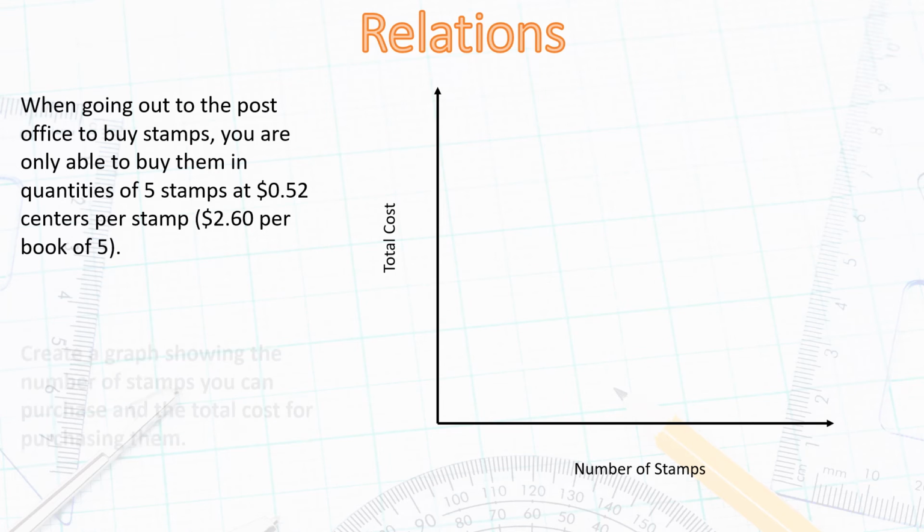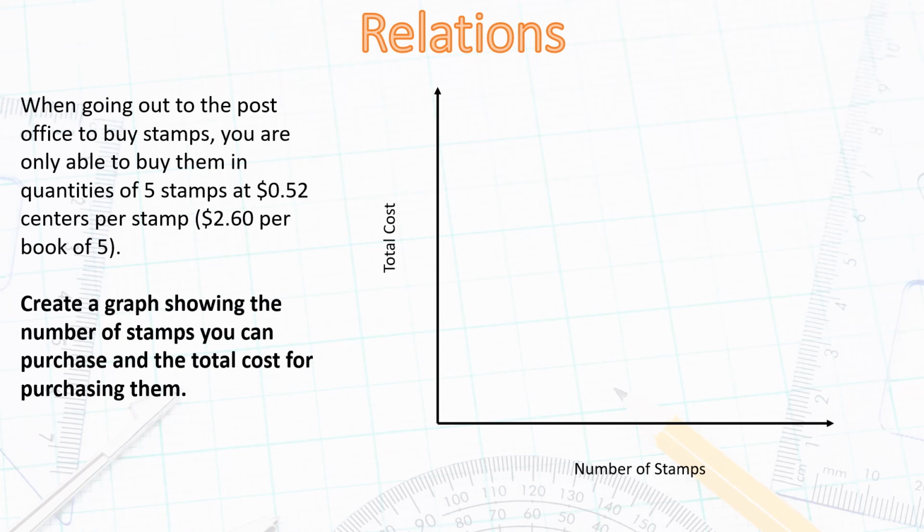So we're going to create a graph showing the number of stamps we can purchase and the total cost for purchasing them. So number of stamps, you know, we're going up in 5, so I'm not going to do ones. So let's do 5, 10, 15, 20, 25, 30, 35.